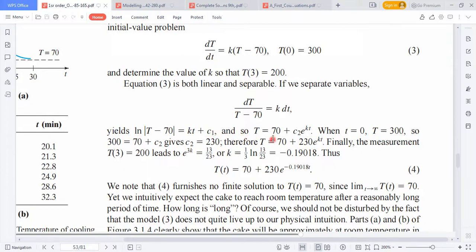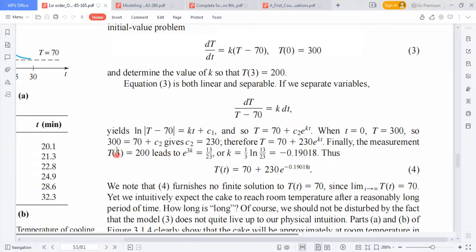So T equals 70 plus c2 e to the power kt. When t equals 0, T was 300 degrees Fahrenheit. Putting t equals 0 and T equal to 300, we get the value of c2 as 230. Therefore, T equals 70 plus 230 e to the power kt.